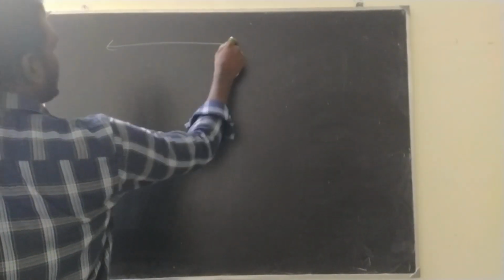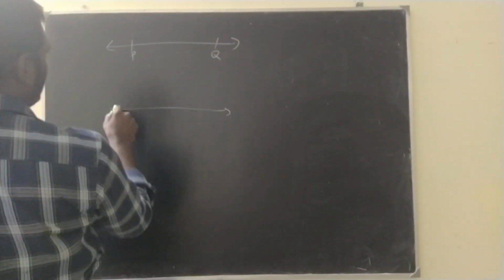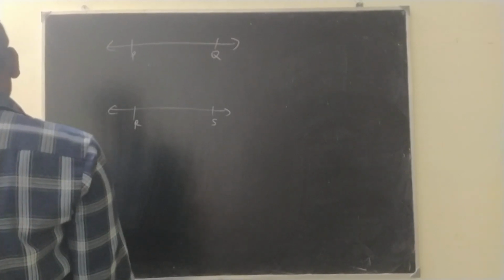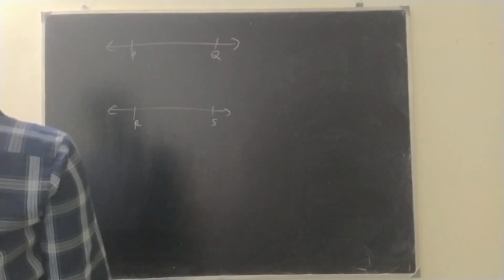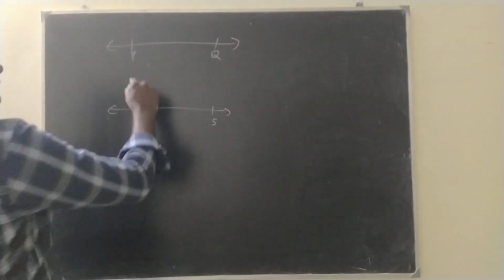Okay, PQ and RS are parallel mirrors. An incident ray AB strikes the mirror PQ at B.